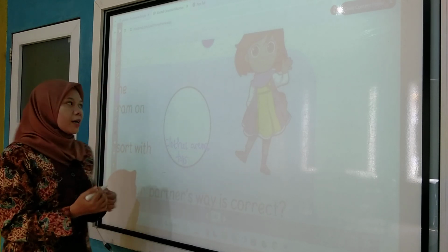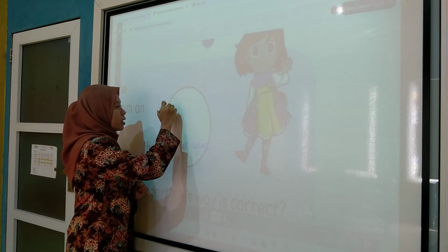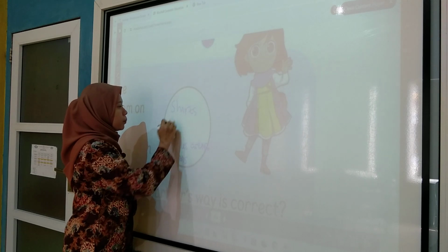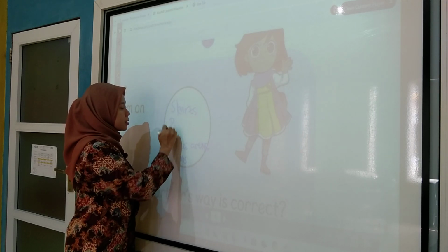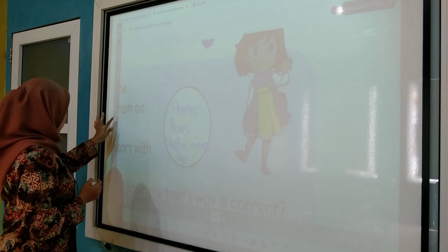As we saw before, the clothes that are not tops are skirts and pants. Okay, now we continue.